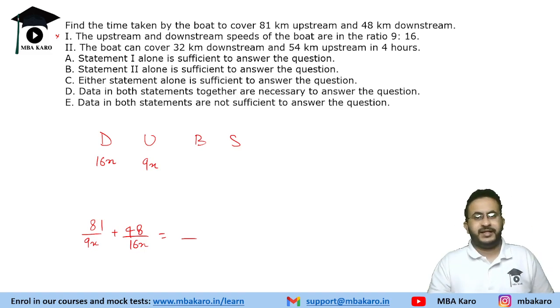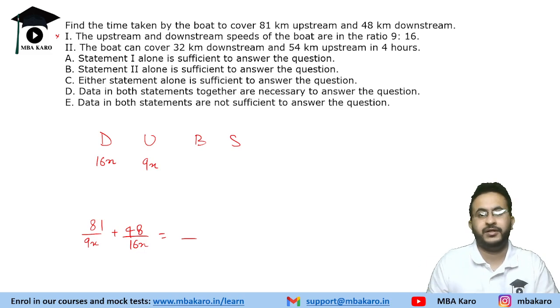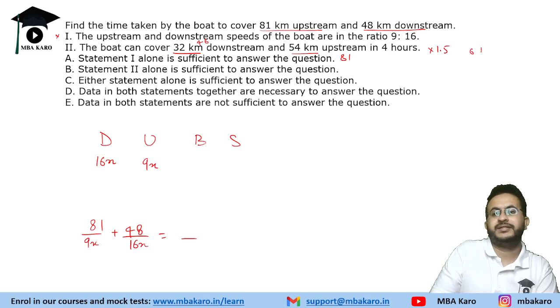But this is again a bit tricky one. If you observe, 32 kilometers and 54 kilometers, down and up, while the required distances are 48 and 81. So if you multiply by 1.5, you will get 81 kilometers upstream and 48 kilometers downstream, and you will say in 6 hours.